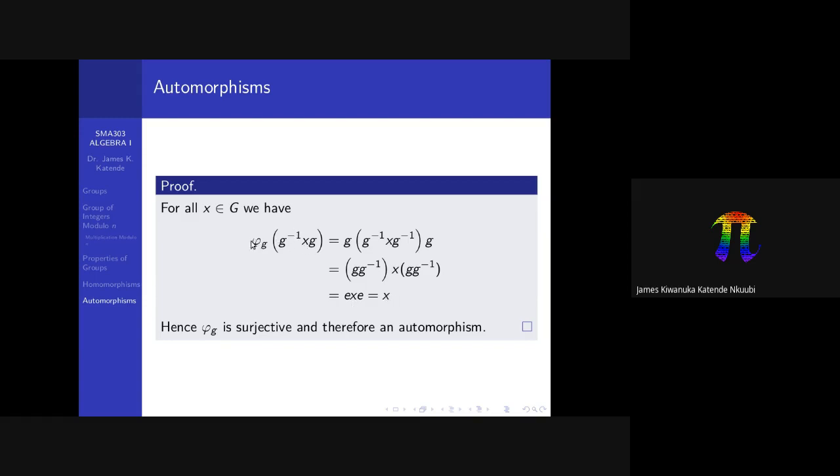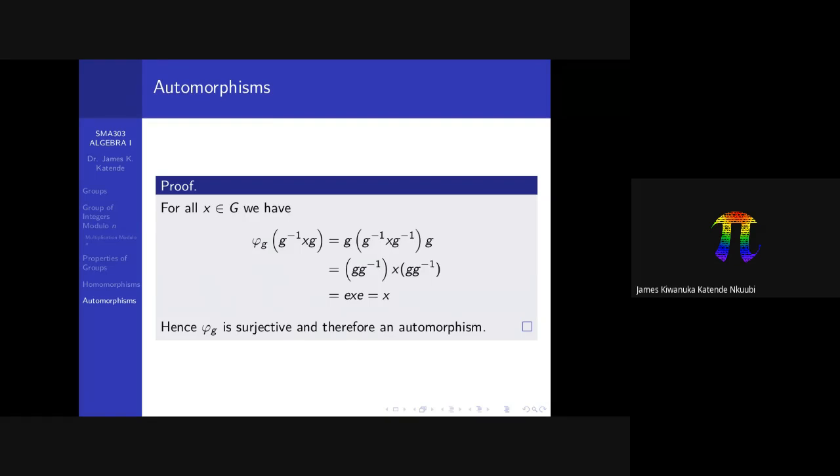We have shown that by applying the map to this preimage, and it gives us x. This will always be possible for any element you pick from the group. So this guarantees that the map is surjective. And we also assumed earlier that it is injective. It is true, but the proof was missing. It is cut out.